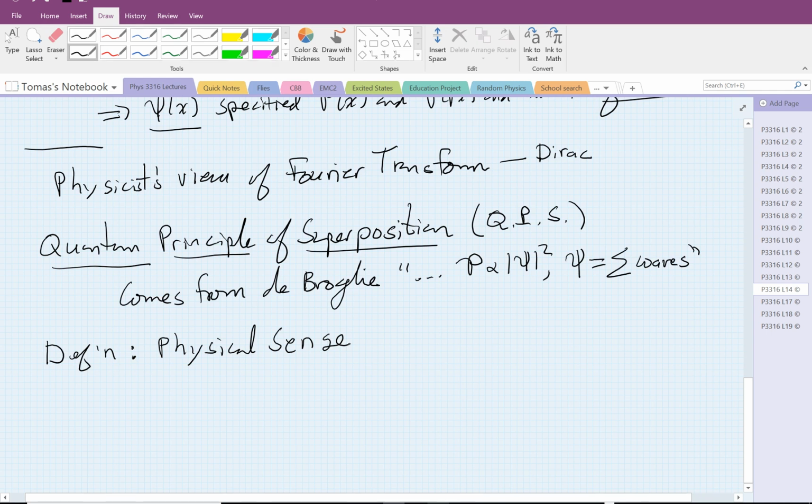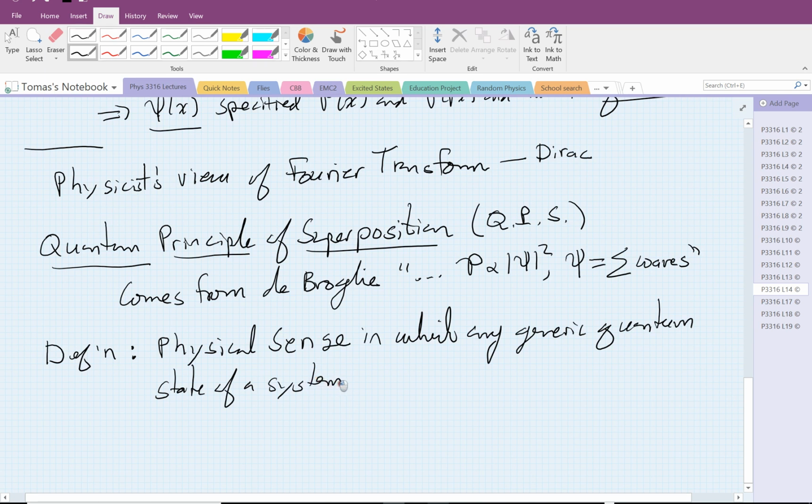The quantum principle of superposition is the physical sense in which any generic quantum state of a system, and a given system can be in any kind of quantum state, I can create practically any state that I might like, can be written as a superposition of something.